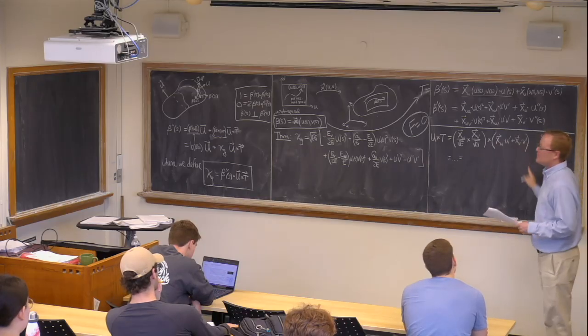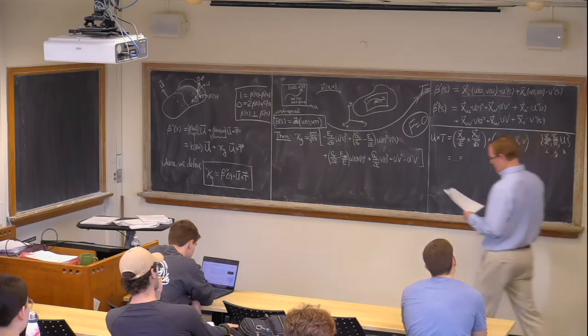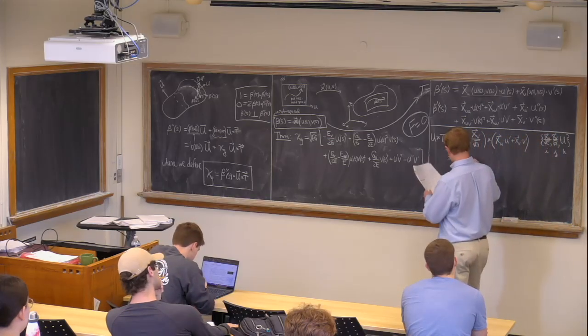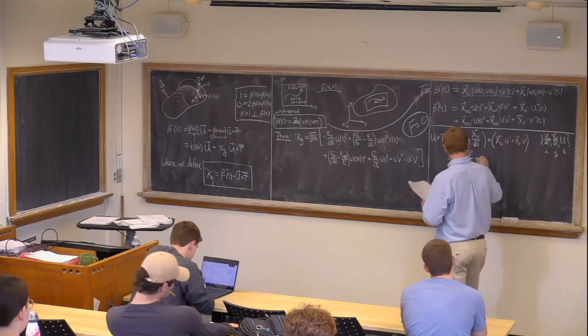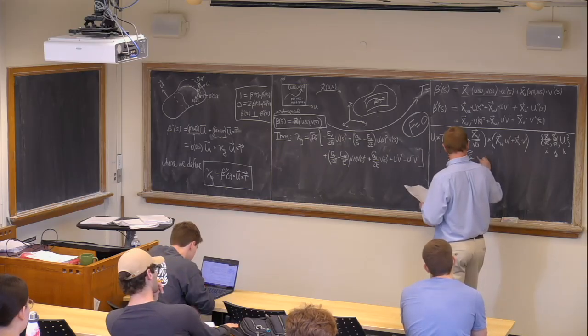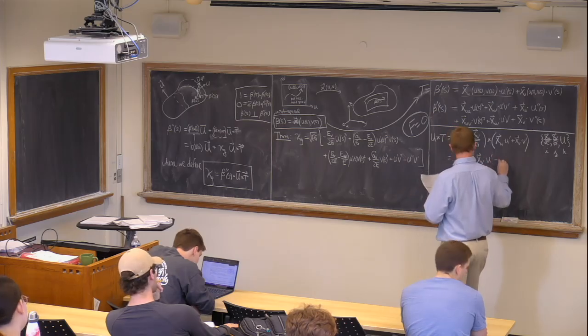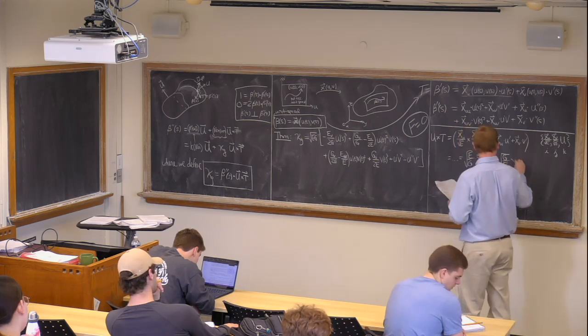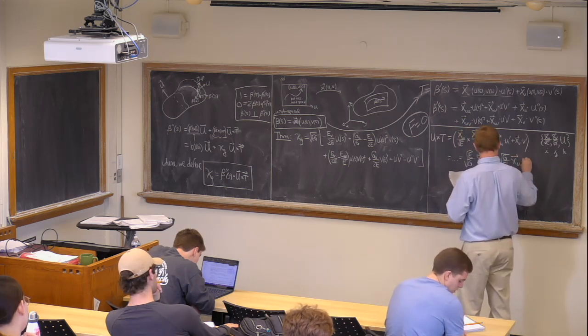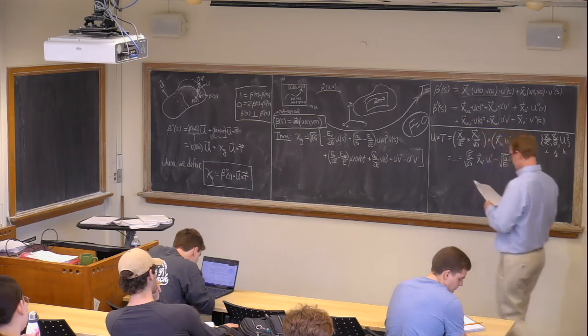And that allows you to simplify things quite a bit. What you get at the end of the day is that this is equal to the square root of E over G times x_v times u prime minus the square root of G over E times x_u times v prime.